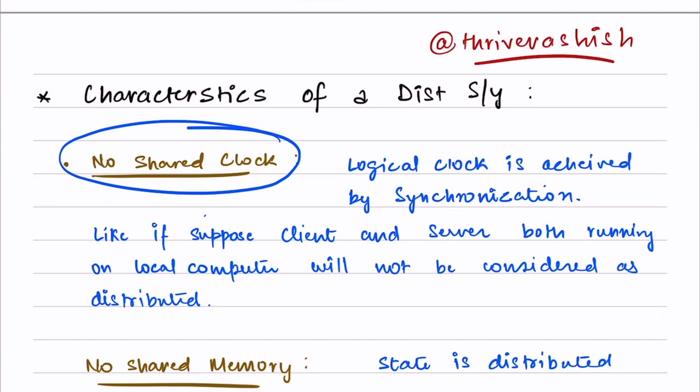This would not be called a distributed system. So they should not have a shared clock, but a logical clock is achieved when they are synchronized. If client and server are both running on a local computer, it will not be considered distributed, correct? That's what I've explained.